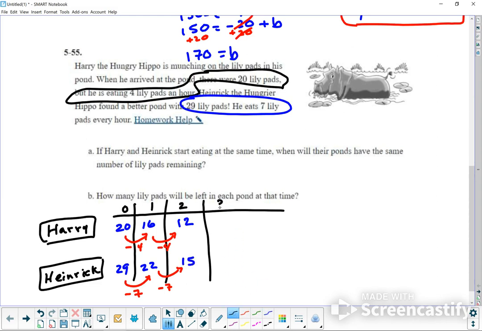So 3 hours in, let's see what happens. Harry's going to eat another 4, and Heinrich's going to eat another 7. So 12 minus 4 is 8. 15 minus 7 is also 8.